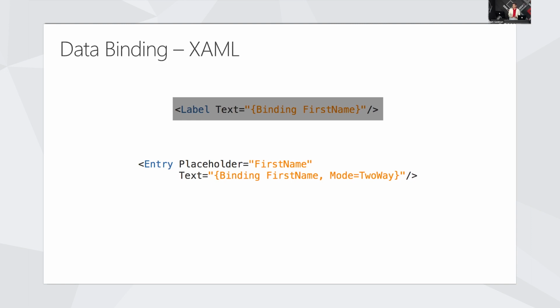So for example, the binding mode for the text property on a label is one way. You're only going to change that from your code. The user can't change it, usually. For an entry, that will default to two-way because the communication needs to be two-way. So we actually don't need to specify that mode equals two-way there because it is the default.